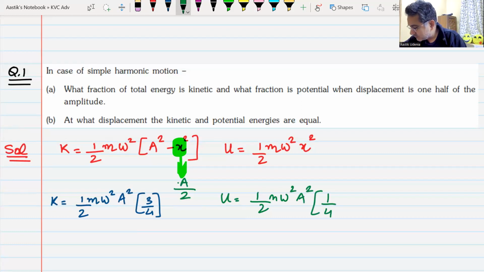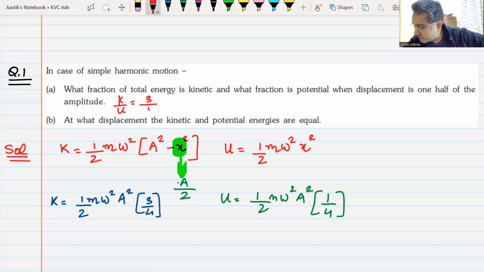Am I correct? So from there you can find out the ratio. The ratio of kinetic energy to potential energy, K by U, in this case will be 3/1.